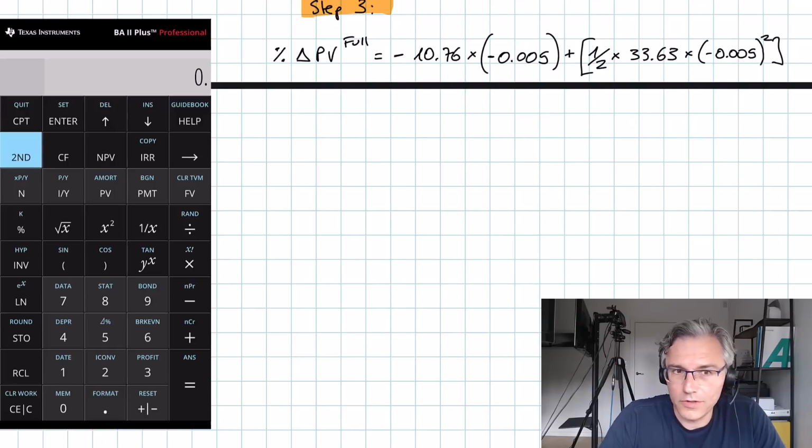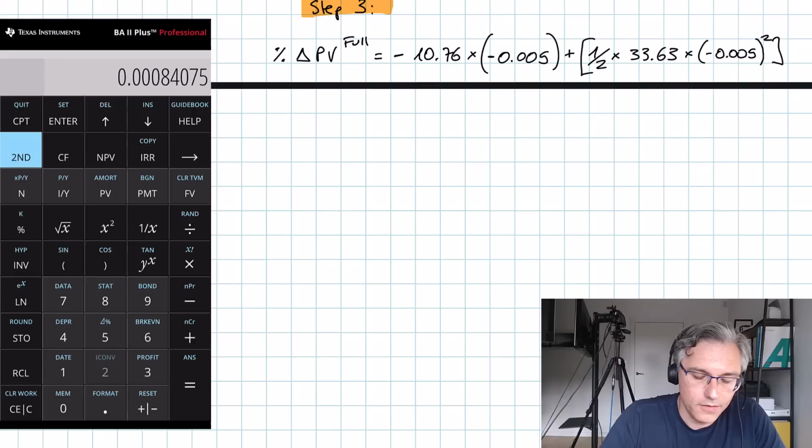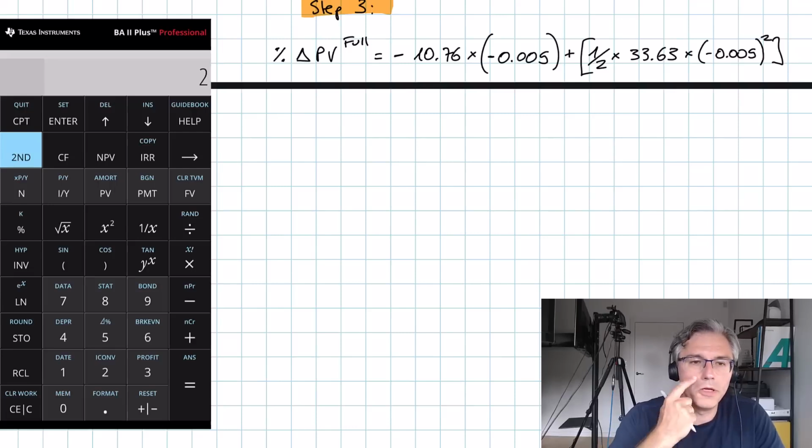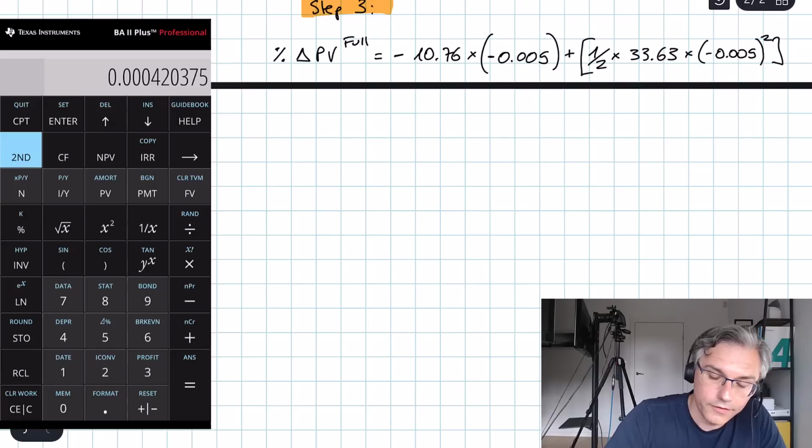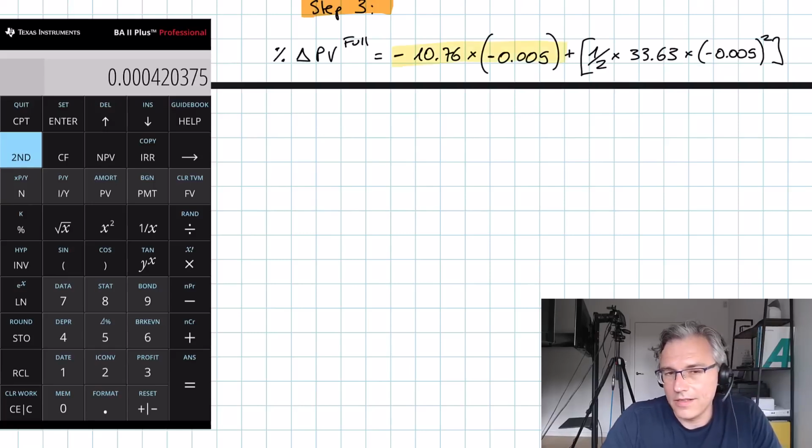Let me deal with what's in the square bracket first. So starting with the 0.005, squaring this, multiply by 33.63, and effectively multiplying by 1/2, and now adding what I have to the left. I can see that both numbers that I'm multiplying out here have minuses in front of them, so I'll get a positive result. So I'm just going to drop the minuses.